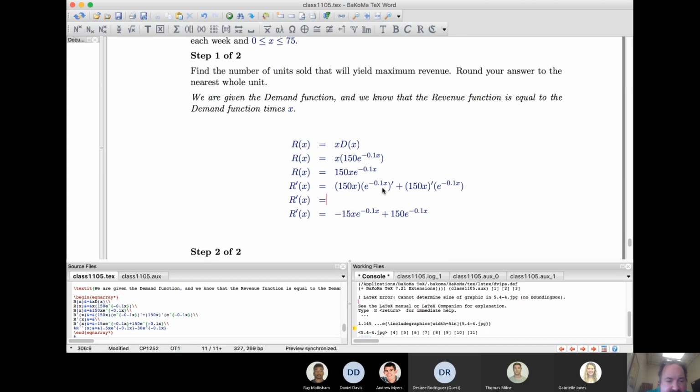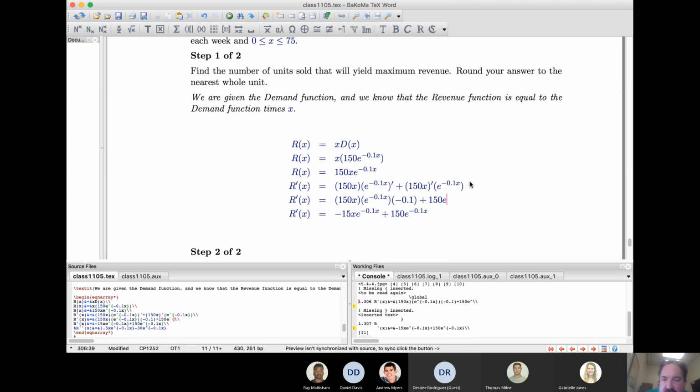And then we take the derivative of that. Then we have the exponential times the derivative of the exponent, and that's going to be minus 0.1. And over here, the derivative will just be 150, and then the exponential.